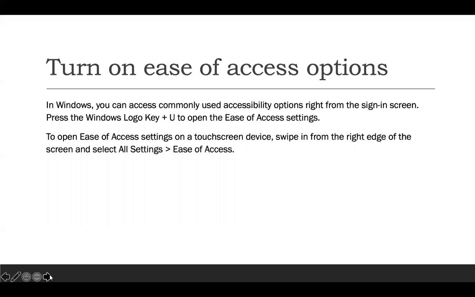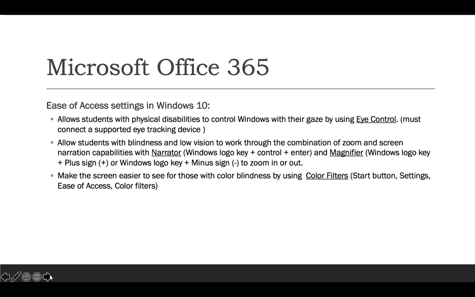They can turn on the magnifying feature, which we're going to go over, the color filters, which we're going to go over, high contrast, and also Narrator, to have the information that's on their computer read to them through a screen reader. So this is why it's important that at least students turn on the ease of access options. And you may have to do that for all their computers, depending on the level of comfortability your students have with their computers.